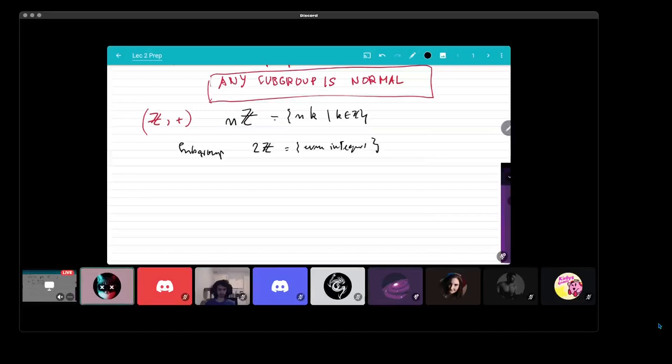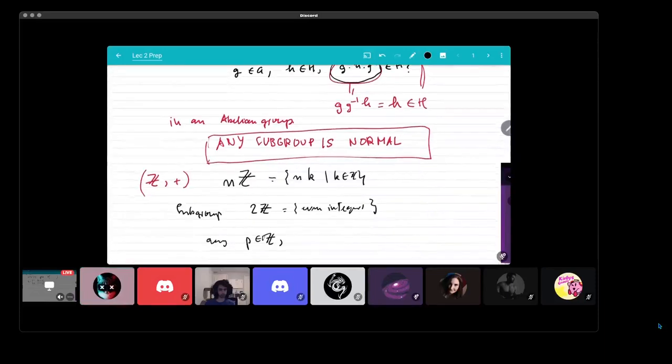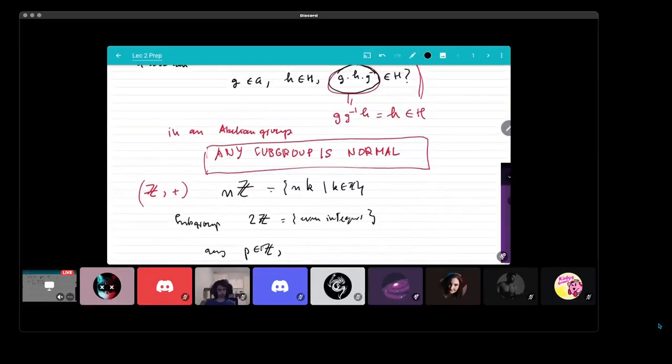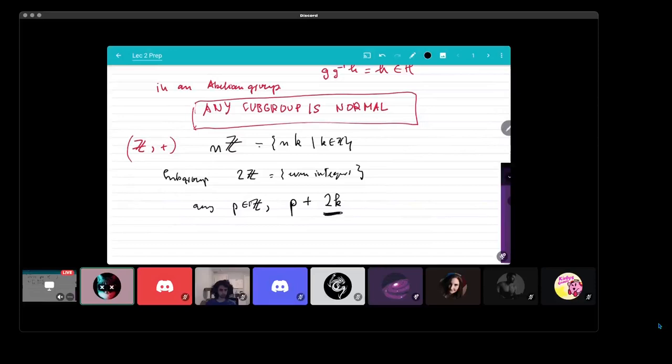If we take any integer p and do this check of normality, translated into additive operation, it gets written as p plus 2k, the element of our subgroup, plus minus p, which is g minus 1 in terms of addition.